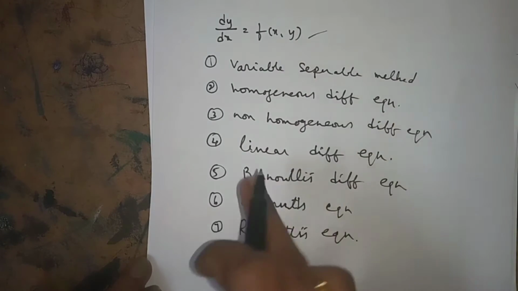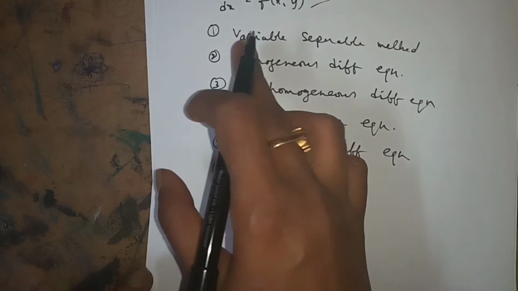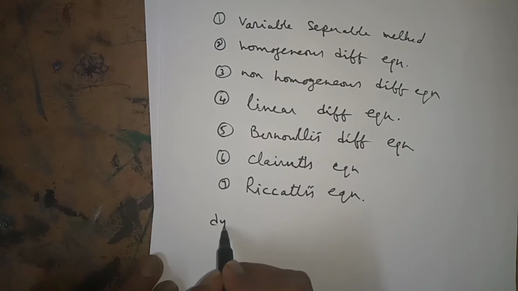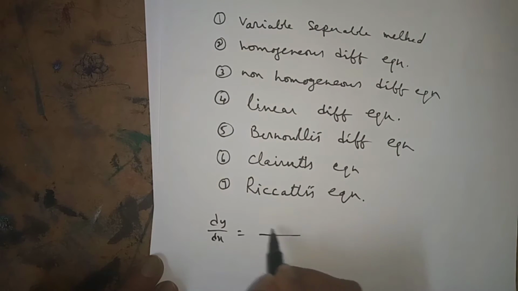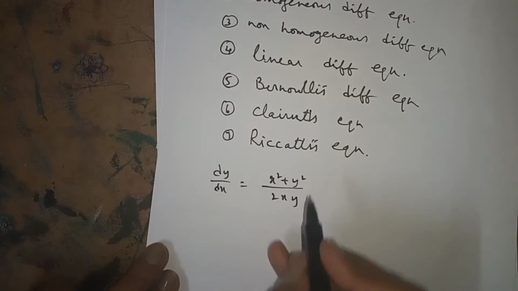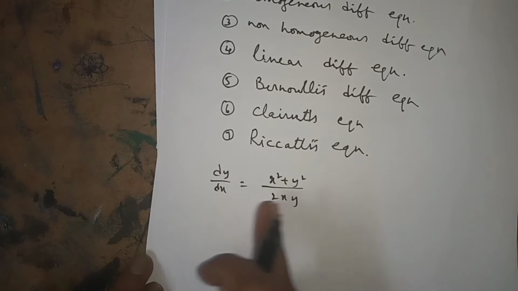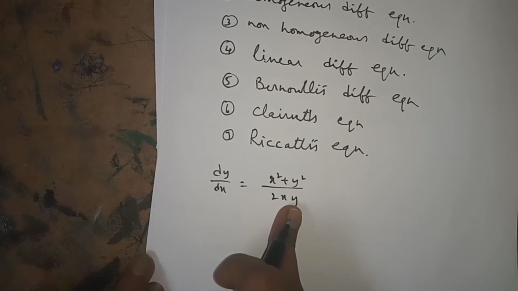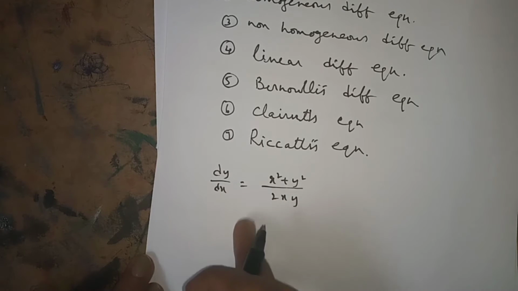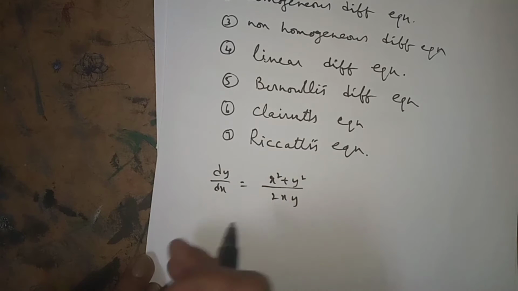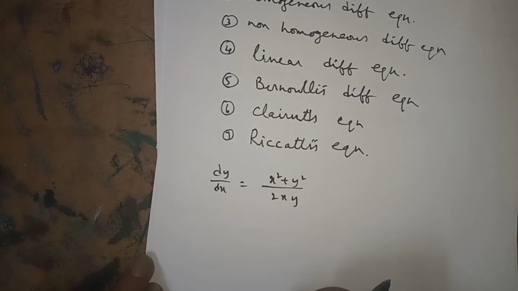Now if the differential equation is in the form, for example, dy by dx equal to x square plus y square by 2xy, in this form we cannot solve it by the variable separable method. Why? Because it is not possible to separate the x variables and y variables.